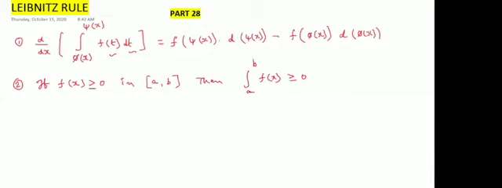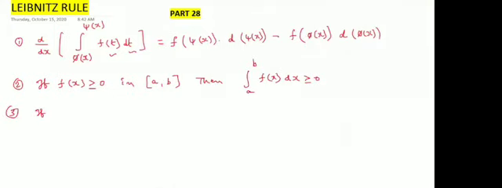That is the meaning of that. The function is greater than or equal to 0 in the closed interval a comma b means the integration a to b f of x dx is greater than or equal to 0. Okay, students.